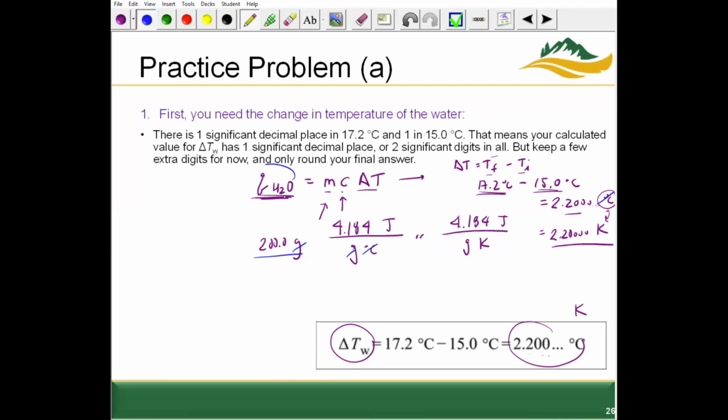Then we're left with just heat in terms of joules, which is the unit we want. So the heat of water comes out to 200 times 4.184 times 2.200. That comes out to 1,841 joules, and this is again for the heat of water.